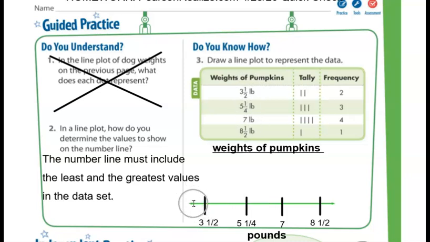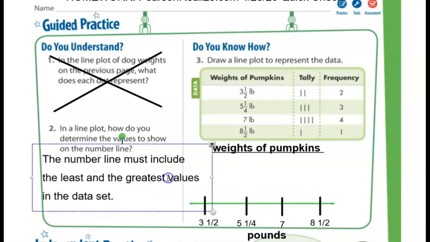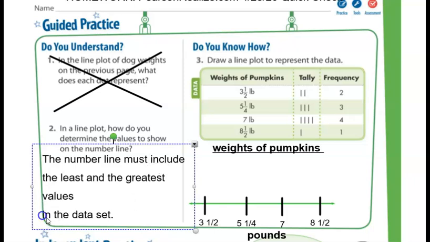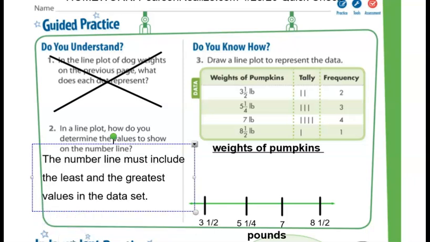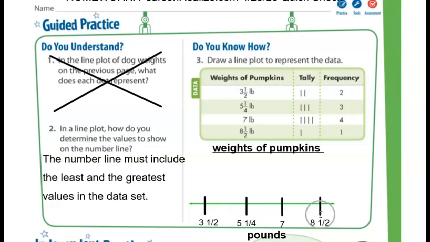You could have started at 3 and gone up by increments of 1/4: 3, 3 1/4, 3.5, 3 3/4, 4, then 4 1/4, 4 1/2, 4 3/4, 5. But due to space, I don't have the room to do that.